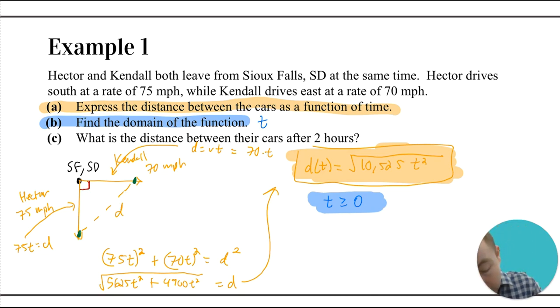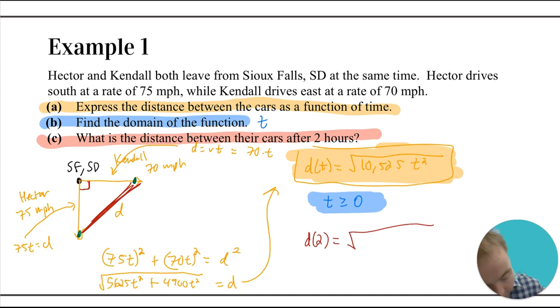And then the last question that we're asked is to find the distance between the two cars after 2 hours of traveling, right? Well, since we have our function rule, we should be able to figure that out just by plugging in 2, of course. So the distance between those two cars, or this diagonal distance right here, after 2 hours, would just be the square root of 10,525 times 2 squared, or just times by 4.